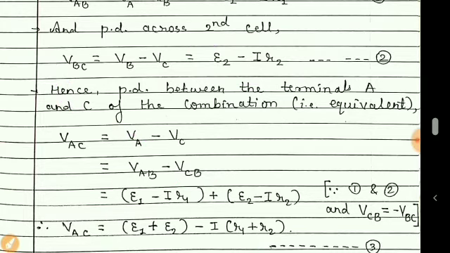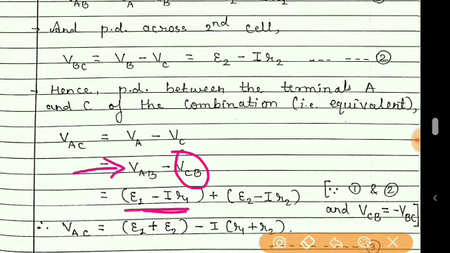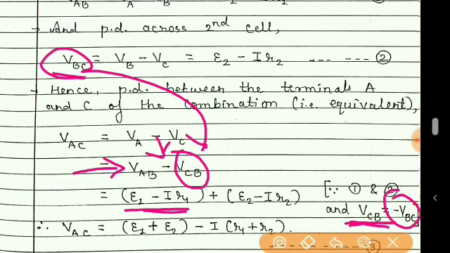So this is kept from equation number 1 for VAB. For VCB, we know that VCB is equal to minus VBC, so we can put positive in place of negative and simply put this term here.